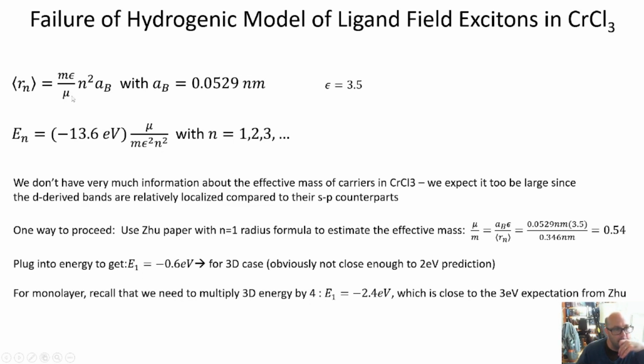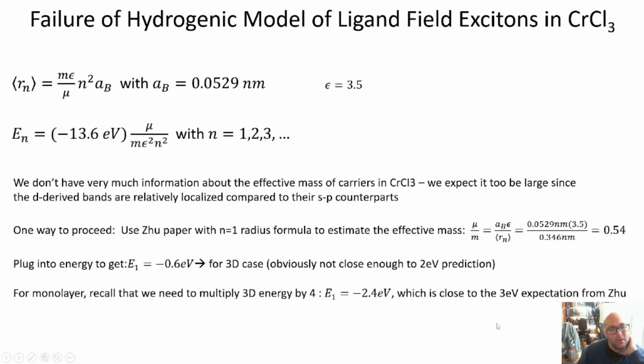So again, solve for mu given this as a parameter from the Zhu paper. And then plug that in here with the dielectric constant of chromium trichloride, and you get minus 0.6 eV. So it's not quite right for 3D, but if you had a monolayer, you would need to increase it, and you'd get a little bit closer.